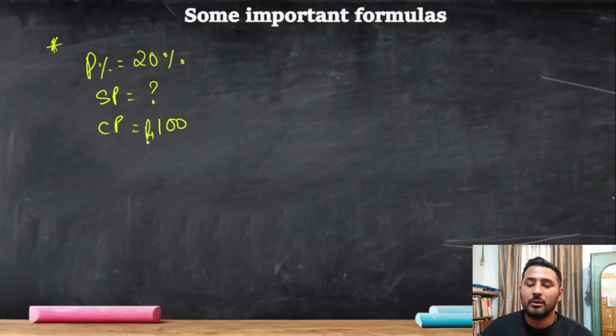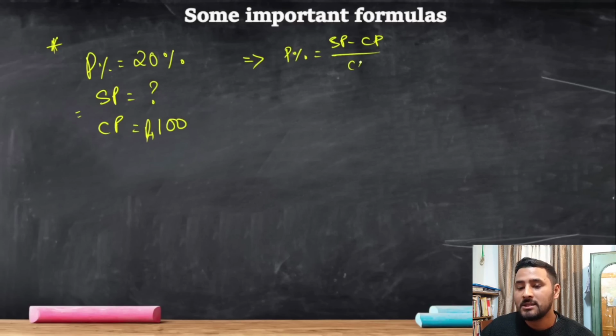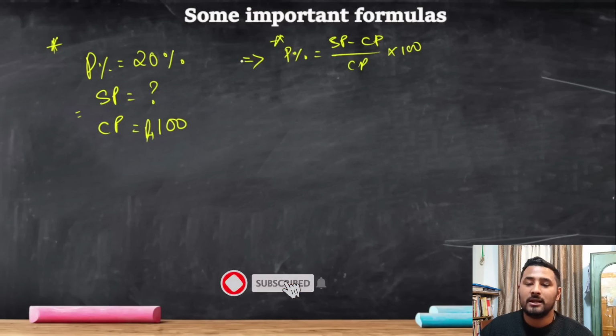Now you have to find the selling price. How will you do it? Like I said, the profit percent formula is SP minus CP by CP into 100. If you do it by this method, this will be too long.